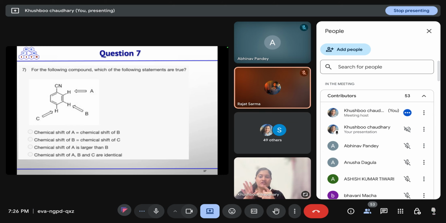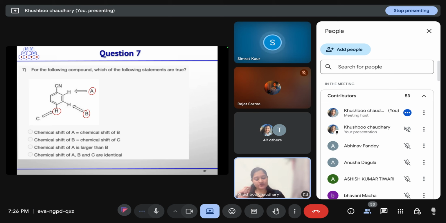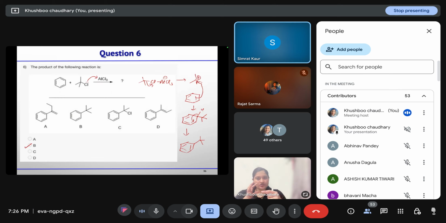Then, for the following compound, which of the following statements are true? You have to find out chemical shift of A, B, and C. Ma'am, can you please explain the last question again? Sure. First, tertiary butyl chloride will attack with AlCl3, and after the loss of that chloride, it will form this carbocation.